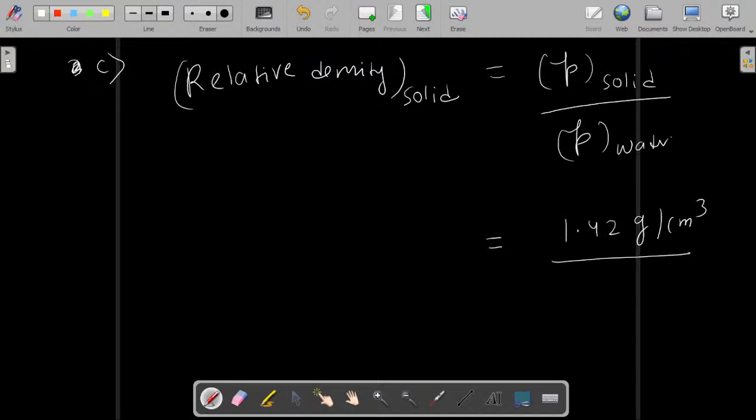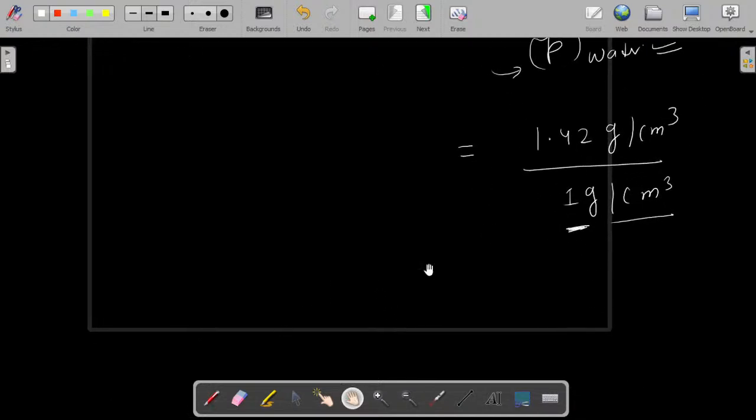That's why we have to take water density in gram per centimeter cube. Always remember these 2 points. Whenever we have the density in gram per centimeter cube, we have to take the density of water as 1, and in SI it is 1000. So what is the relative density? There is no unit. Both will cancel.